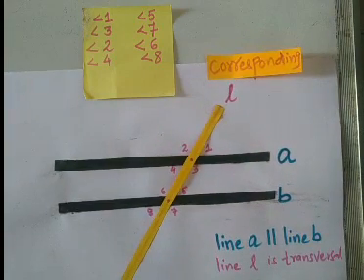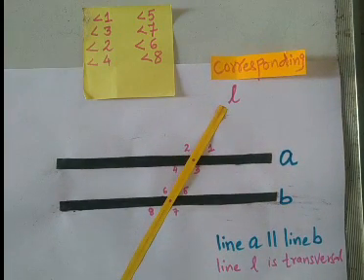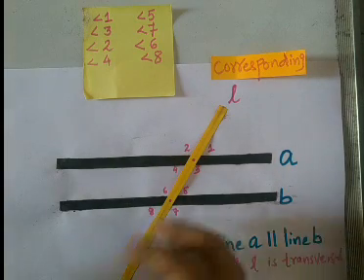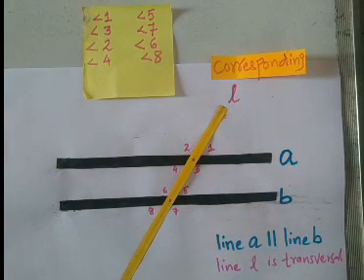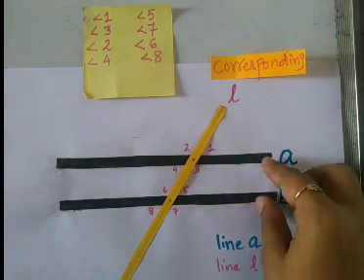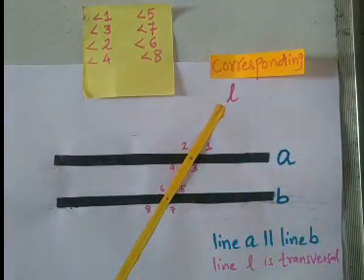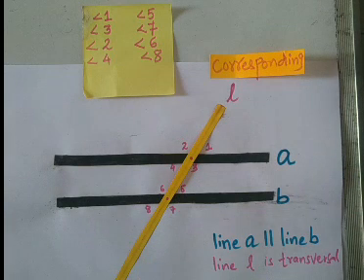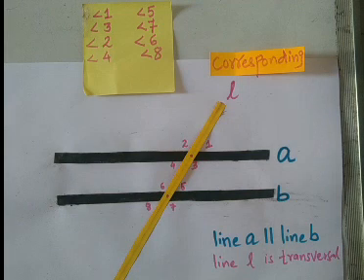Okay, now we have learned what corresponding angles are, but the corresponding angles formed by the parallel lines and the transversal would be congruent to each other. Congruent means it would be almost equal to each other.